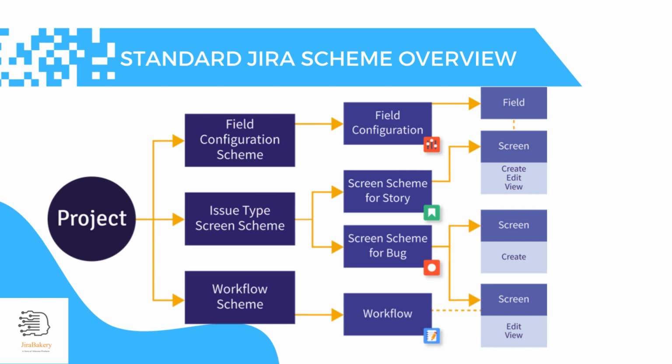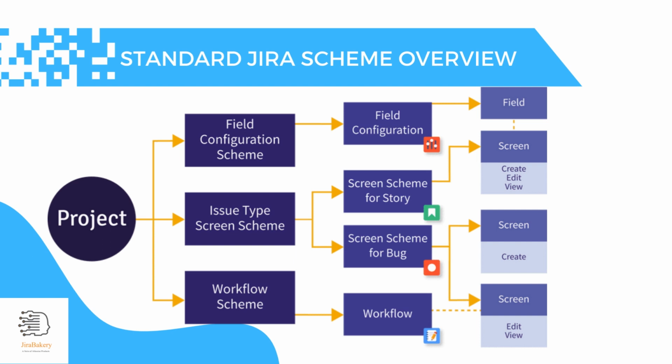So each field configuration scheme is going to have field configurations, and in the field configurations, we have multiple fields. Likewise, in the issue type screen scheme, you are going to have multiple schemes or only one scheme that's going to share all the screens. In this case, we have two. One is the screen scheme for story.